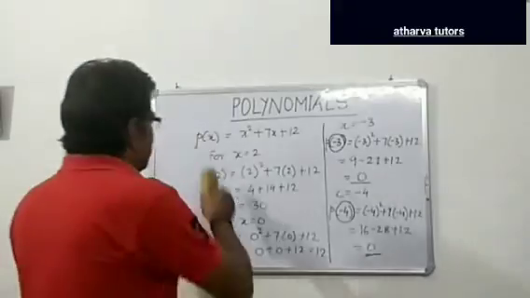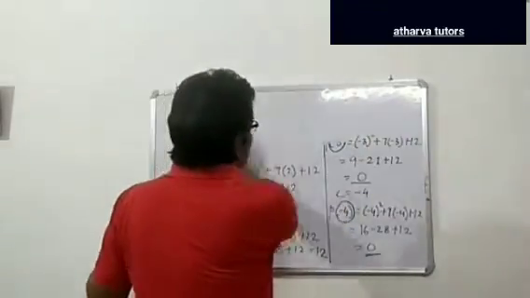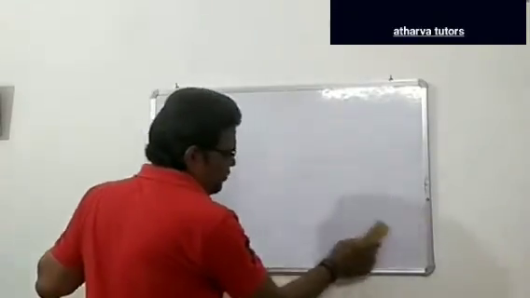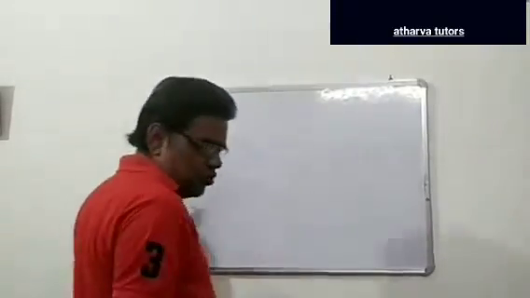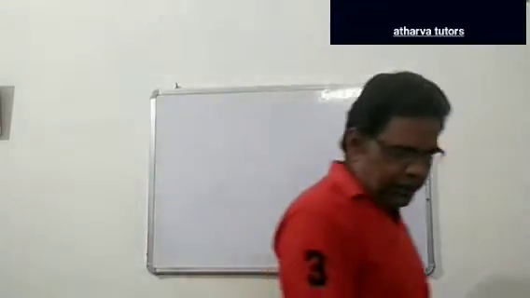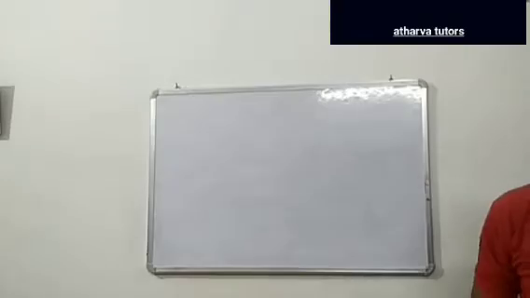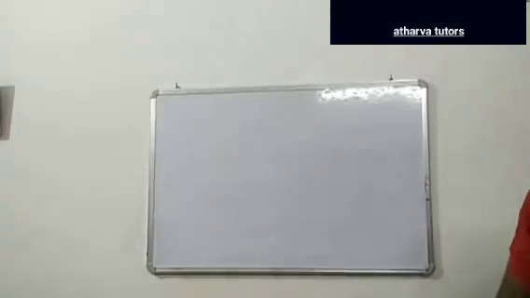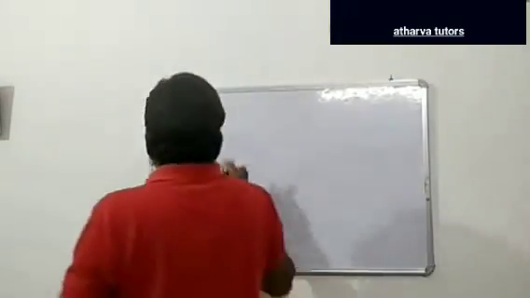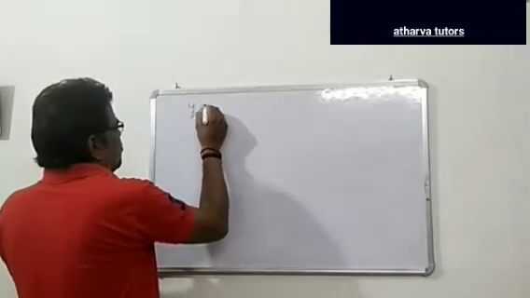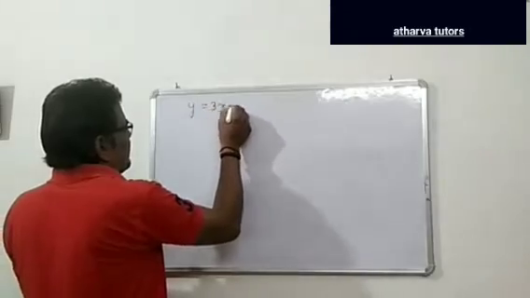So let us see what is the geometrical meaning of the zero of a polynomial. Suppose you have a linear polynomial, like y equals 3x plus 6.